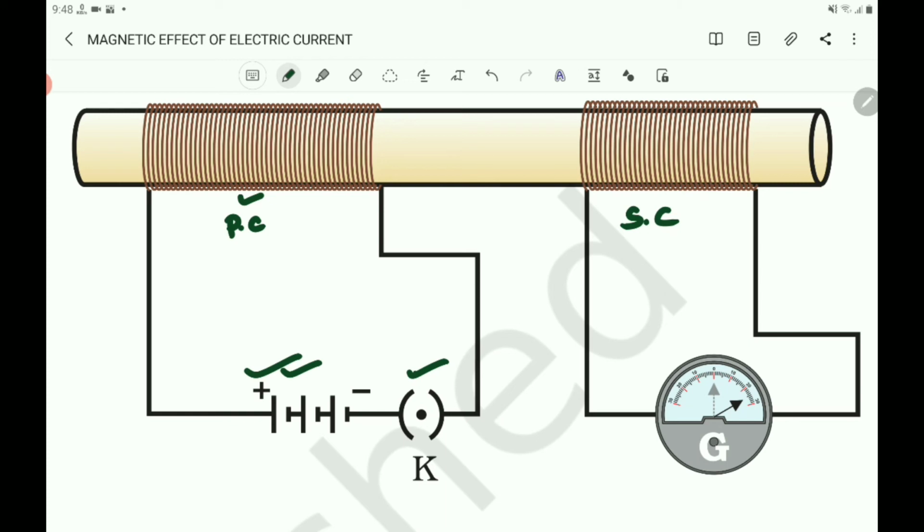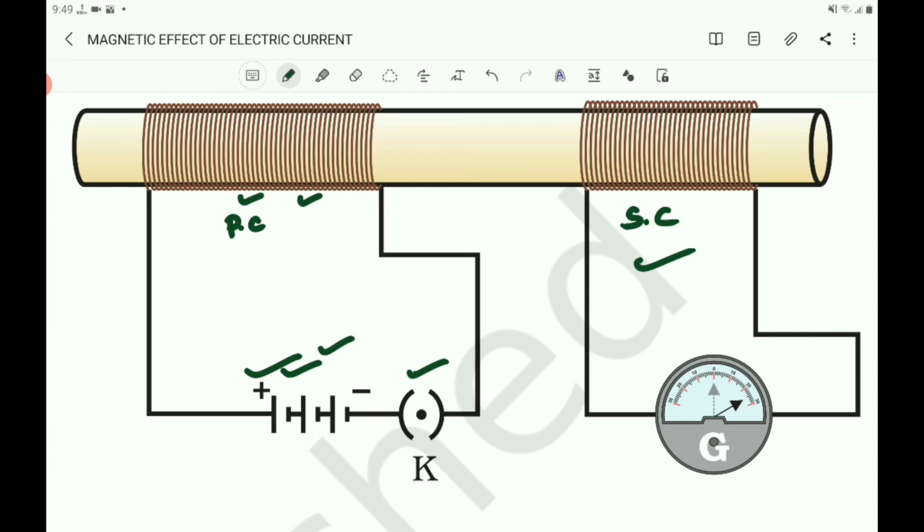As the current in the first coil changes, the magnetic field associated with it also changes. Thus, the magnetic field lines around the secondary coil also change.